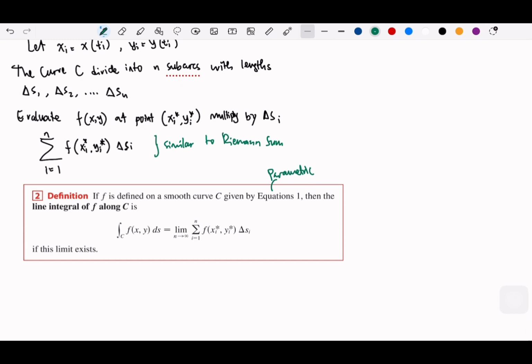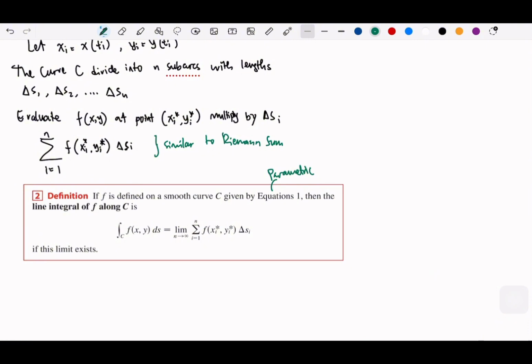The line integral is the integral with C at the bottom of the integral, that is for the curve C. So you have a curve, and basically you integrate along the curve, okay?